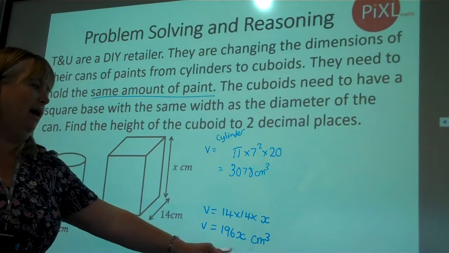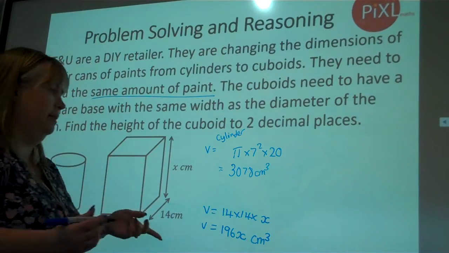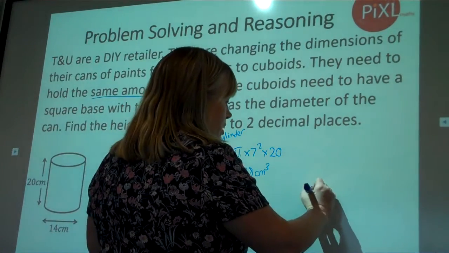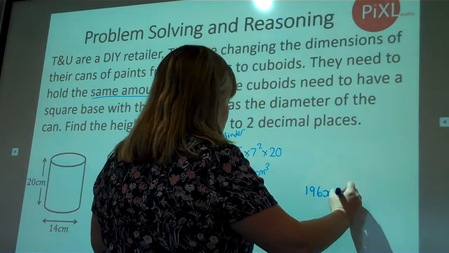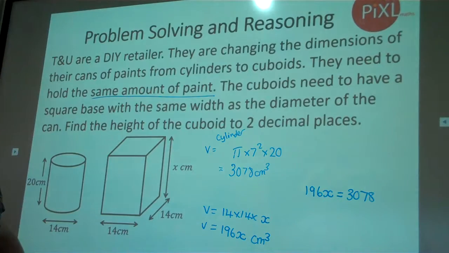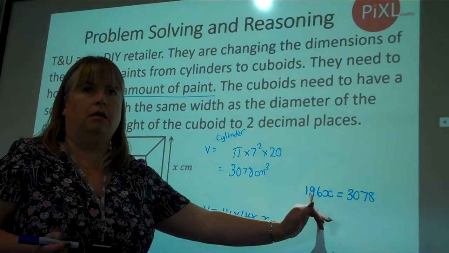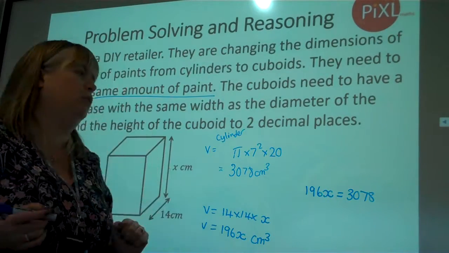Now when we've worked it out, the volume of the cylinder and the volume of the cuboid are going to be the same. So it's going to be 196x is equal to 3078. Would you take it away? What are you doing to the 196 and the x? Times in them. Brilliant. So you would divide.